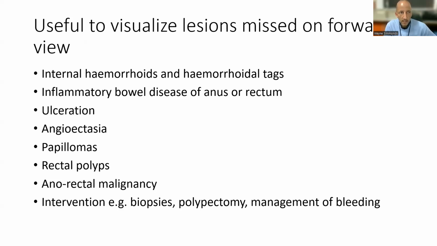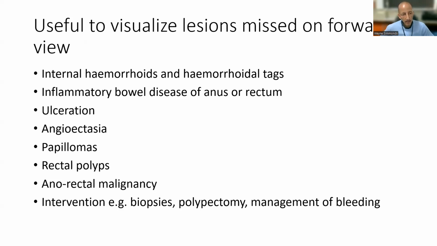So retroflexion is useful to visualize lesions missed on forward view, and these may be internal hemorrhoids or hemorrhoidal tags, inflammatory bowel disease of the anus or rectum, we've talked about that already, ulceration of any other cause, angioectasia, papillomas, rectal polyps, anorectal malignancies or neoplasia.